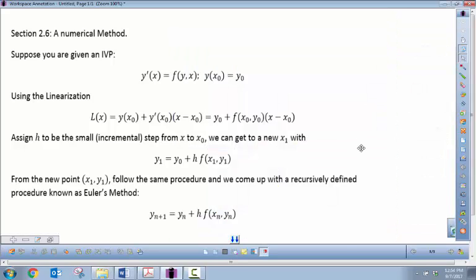We're already recording, so here we'll take a quick look at 2.6 and take a look at some numerical techniques, or one particular numerical technique, for first order differential equations. Now, I think in reality, when you're given a differential equation and you're asked to find the solution, in most cases in real life situations, you don't really care much about the function.